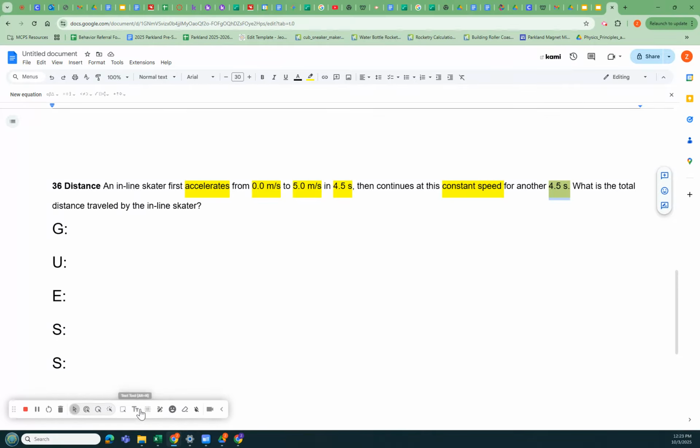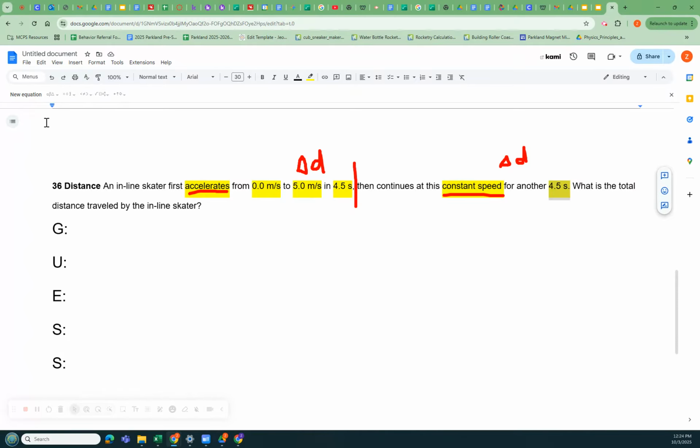We'll solve for the distance in the first part, the displacement, which is the part that accelerates. And then for the constant velocity, we'll get the distance there. So we're going to use two different equations, then we're going to add them up.